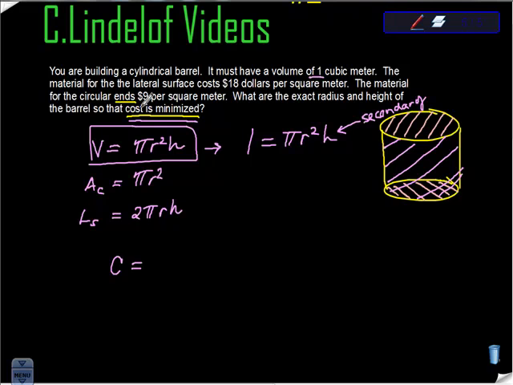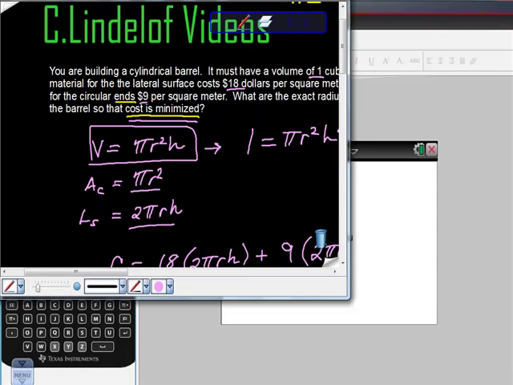The lateral area costs $18 per square meter, and that lateral surface area is 2 pi r h, plus we have to put the ends, and the material for the ends is $9 per square meter, so $9. Remember, we have 2 of those, so that's what this 2 is for, 2 times the area of a circle, so 2 pi r squared. I am going to go ahead and simplify this a lot.